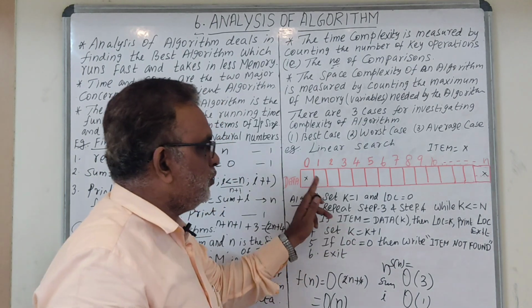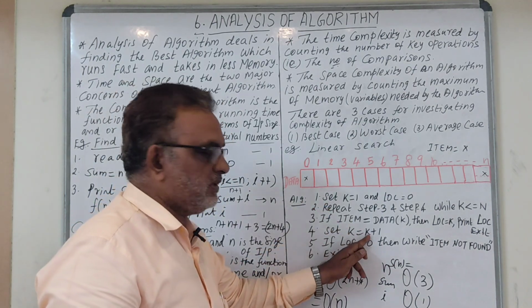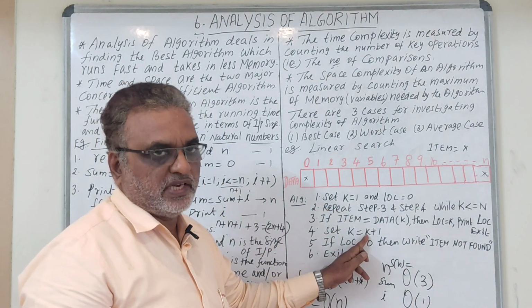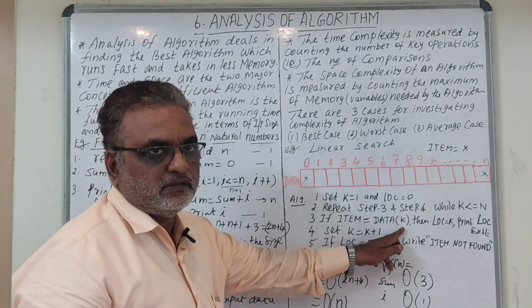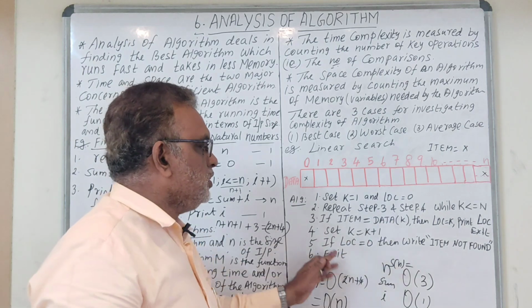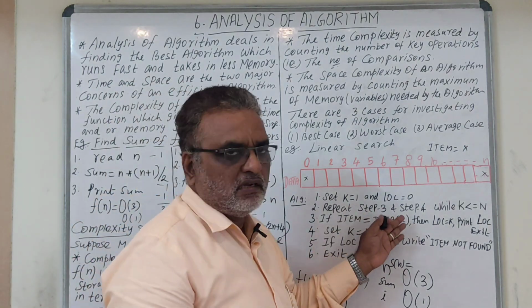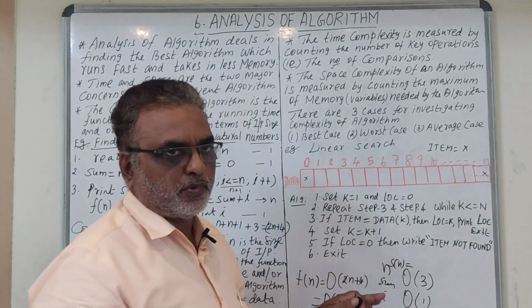Otherwise we have to move to the next location. So we increment the index variable, k is equal to k plus 1. Then again we check with the next data. Until we get the result, we keep on doing this process.